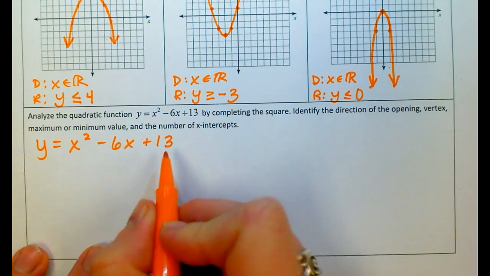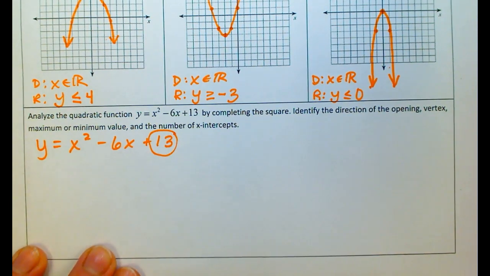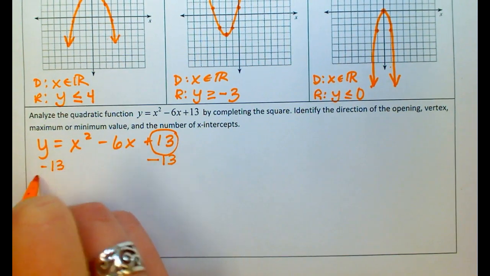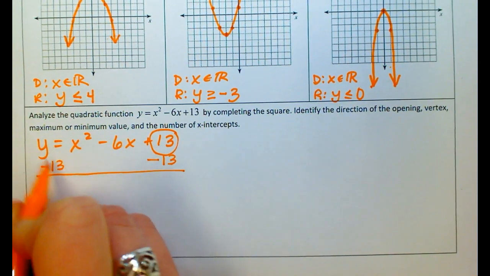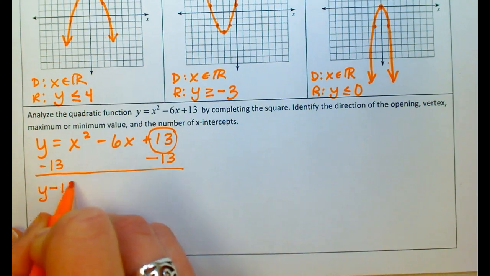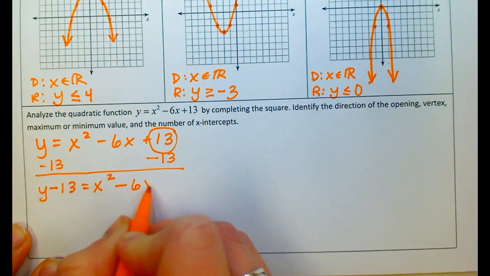I'm going to move my c term to the other side of the equation first. So I'm going to subtract 13, but this time it's not the only number over there. So I'm going to put y minus 13 equals x squared minus 6x.